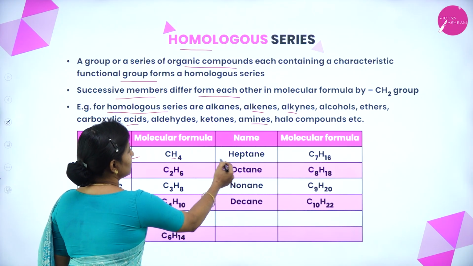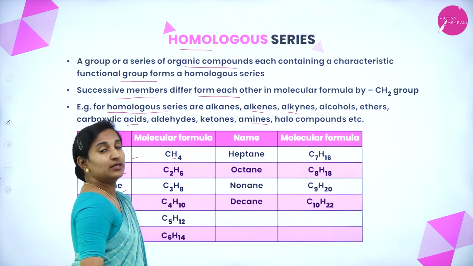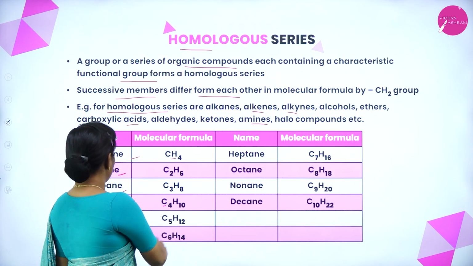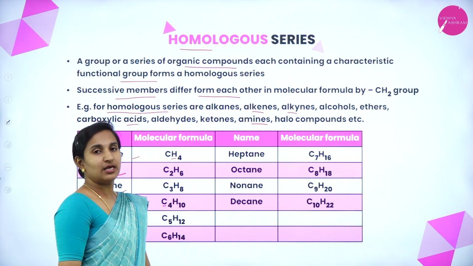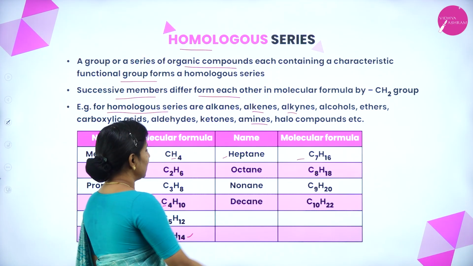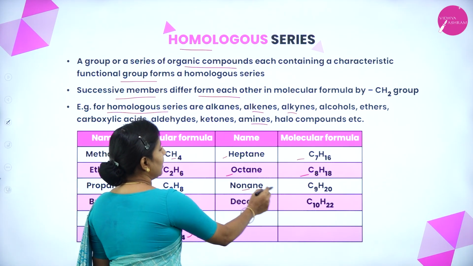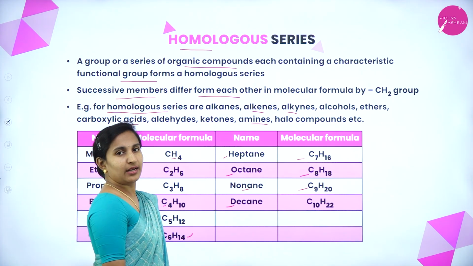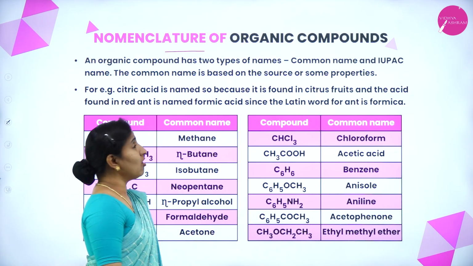Methane is CH4, ethane C2H6, propane C3H8, butane C4H10, pentane C5H12, hexane C6H14, heptane C7H16, octane C8H18, nonane C9H20, decane C10H22.